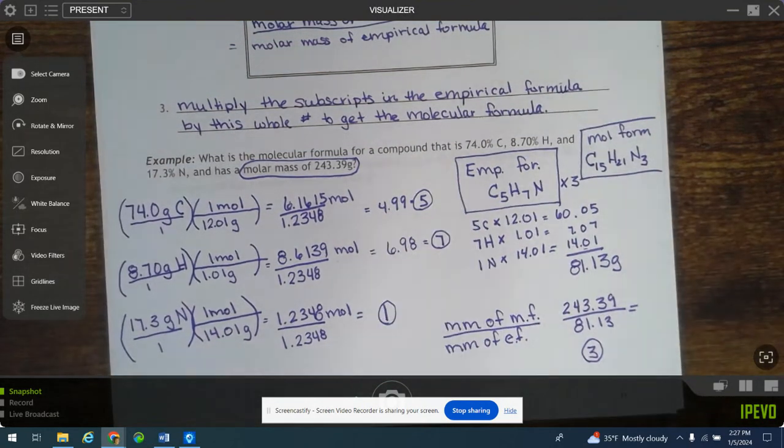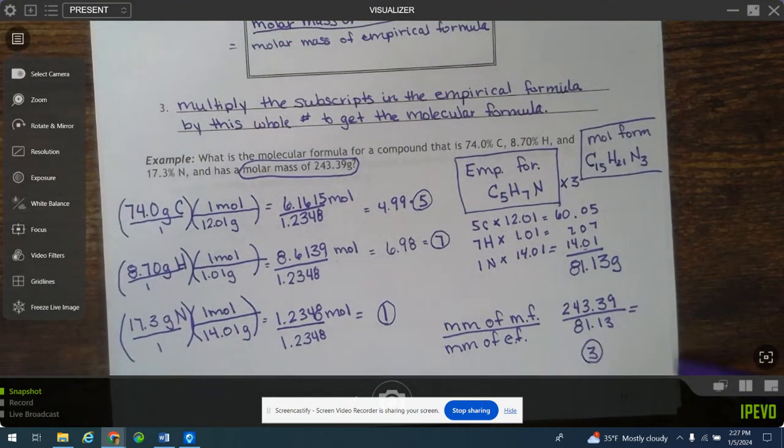And again, the one thing that I ask you to do with this is always put a box around your answers so that I know what your final answer is. So that is an example of how to calculate an empirical and molecular formula.